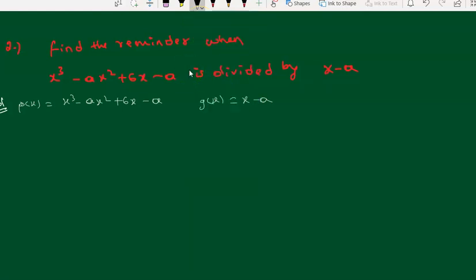So let's divide. What we have to do here, we have to calculate the value of x. So this is exactly in the form of x minus a. Let's find out value of x. Now I can find out p of a easily.